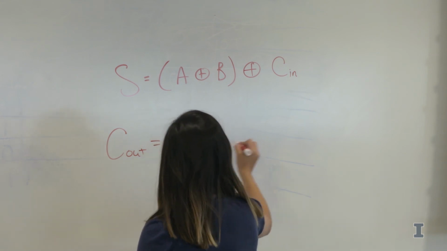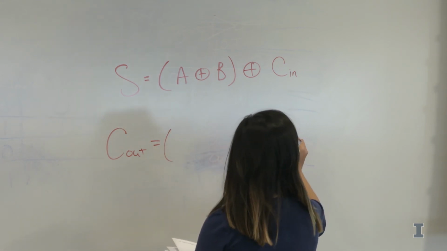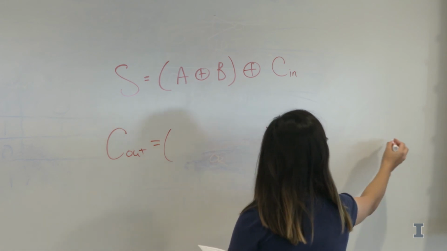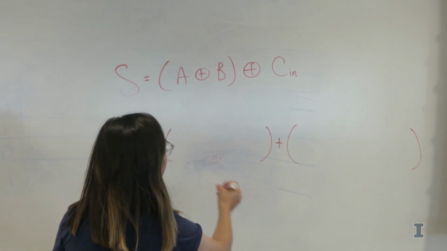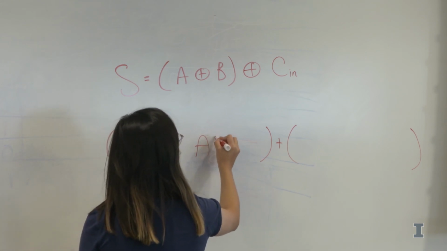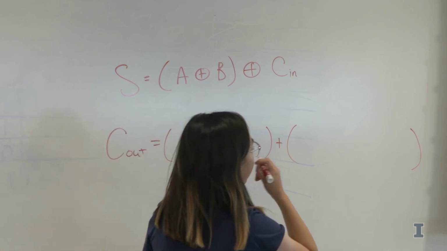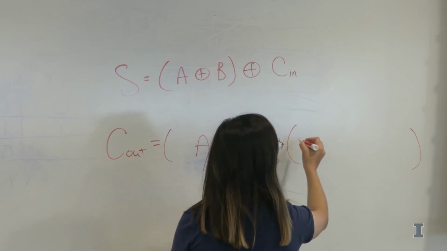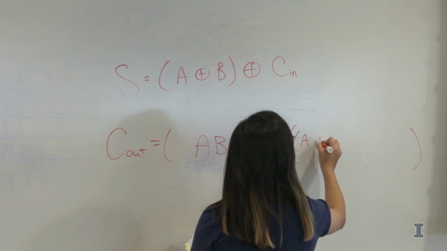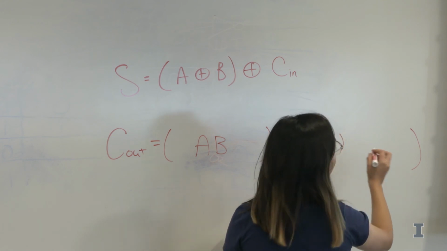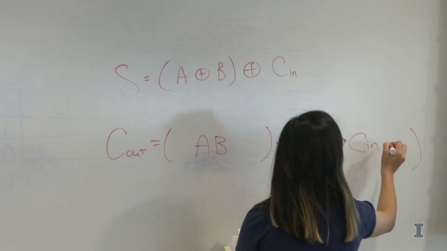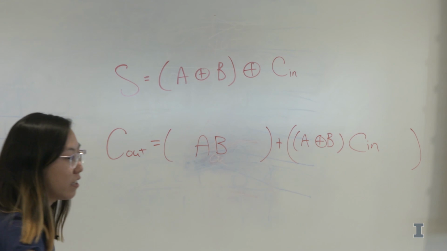We have 2 main parts that are going to go through an OR expression together. So our first part is just going to be A and B. Our second part is going to take our result from that first gate, so A exclusive OR B, and it's going to be ANDed with C in. Okay.